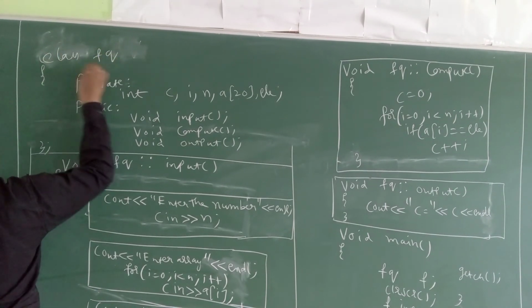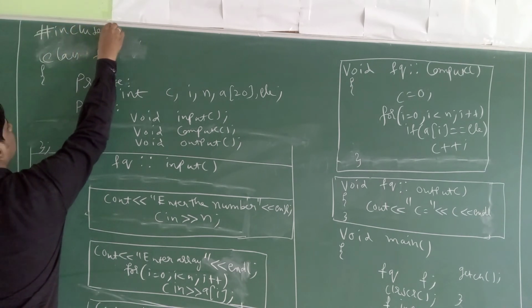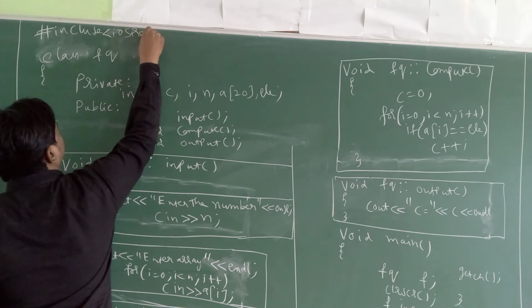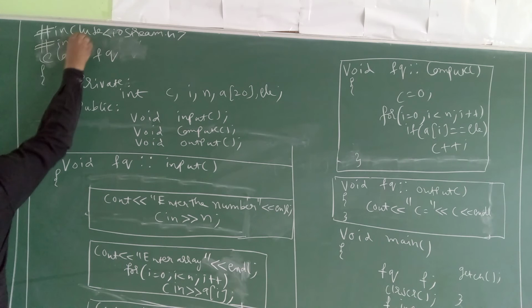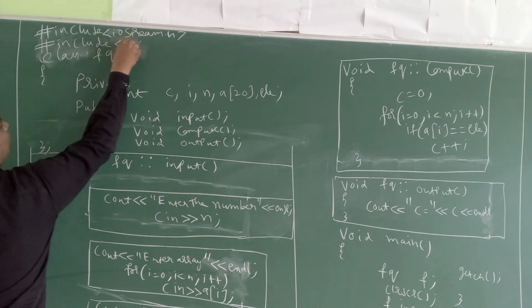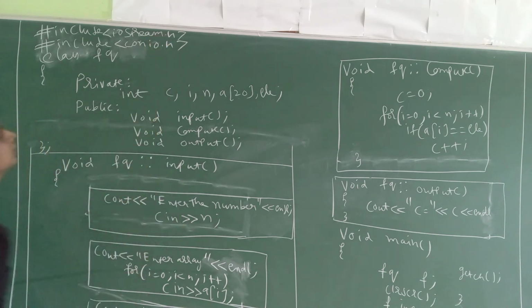So what is common for all the programs? #include <iostream.h>, #include <conio.h>. That is common, already you have seen in the first year. Those will be the first two header files common for all the programs.